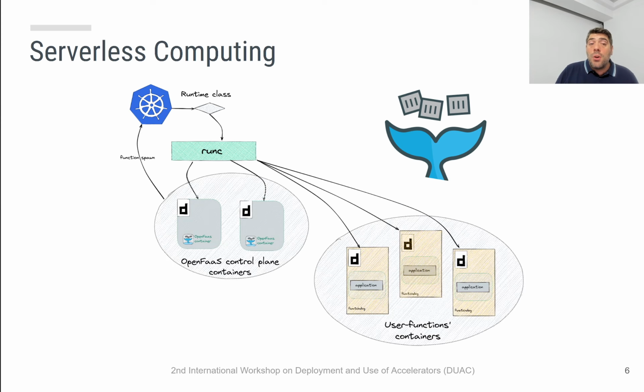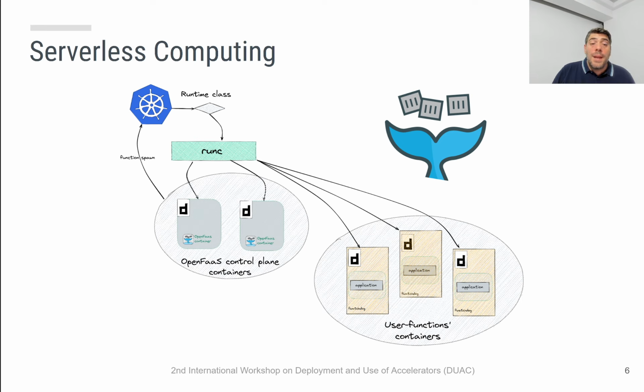This figure shows an example deployment of a popular open source serverless framework, OpenFaaS, on a Kubernetes cluster. So on the left-hand side, we've got the Kubernetes control plane, where we have a runtime class, the generic runtime class, the container runtime class.